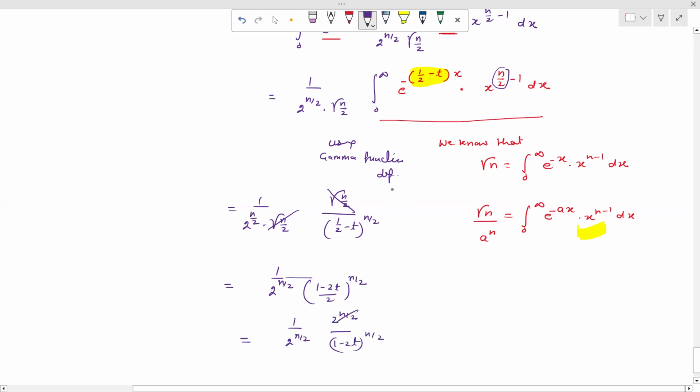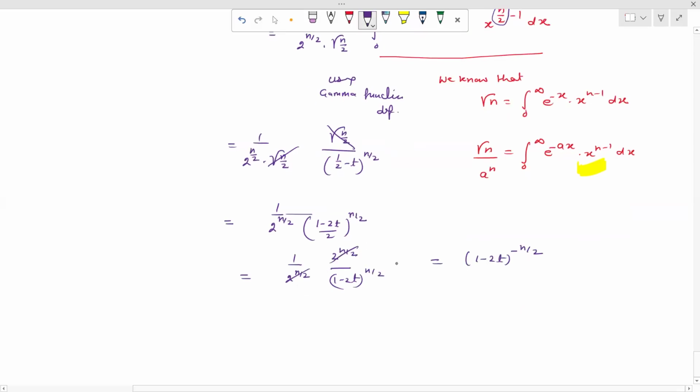So these cancelled. This can be written as 1 - 2t raised to the power minus n by 2. So this is our MGF of chi-square, the moment generating function of chi-square, which is 1 - 2t raised to the power minus n by 2. So remember this moment generating function of chi-square distribution.